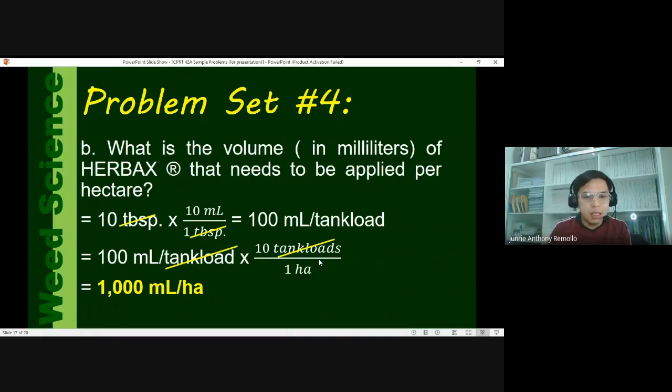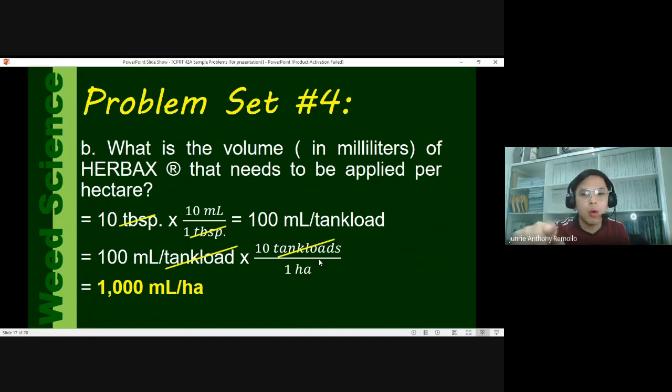So first, we need to convert the recommended rate of 10 tablespoons into milliliters. We all know that in 1 tablespoon, there are 10 ml. So 10 tablespoons times 10 ml is equal to 100 ml per tank load. So we cancel the tablespoons in order to obtain the value in milliliters.